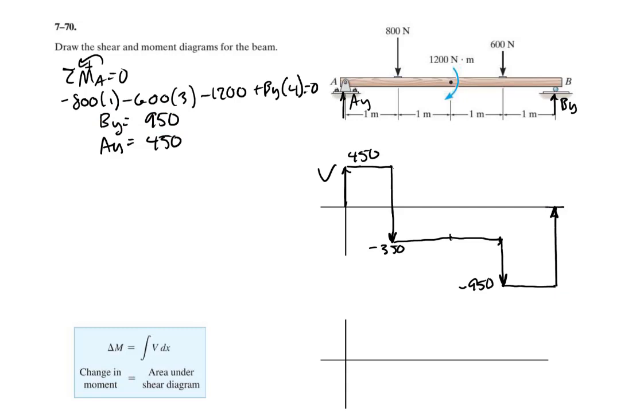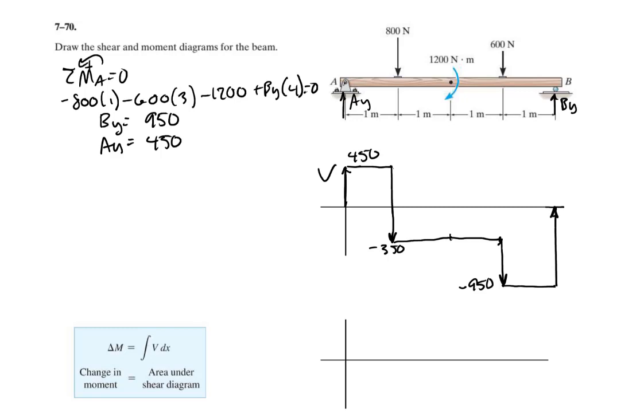And that's most often going to be the case, is that the shear will start at 0 and end at 0, and it may have a reaction at the end which causes it to immediately change, or there could be a force at the end which can immediately change. But in general, we'll start at 0 and end at 0 on the shear.